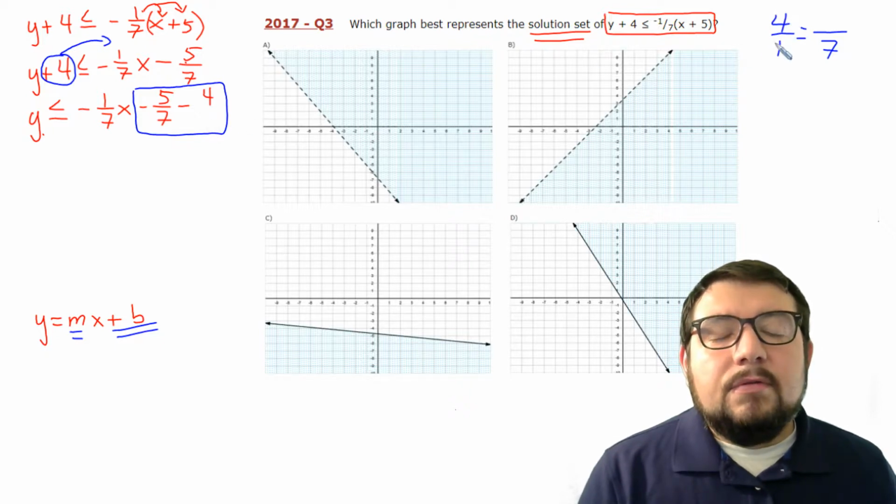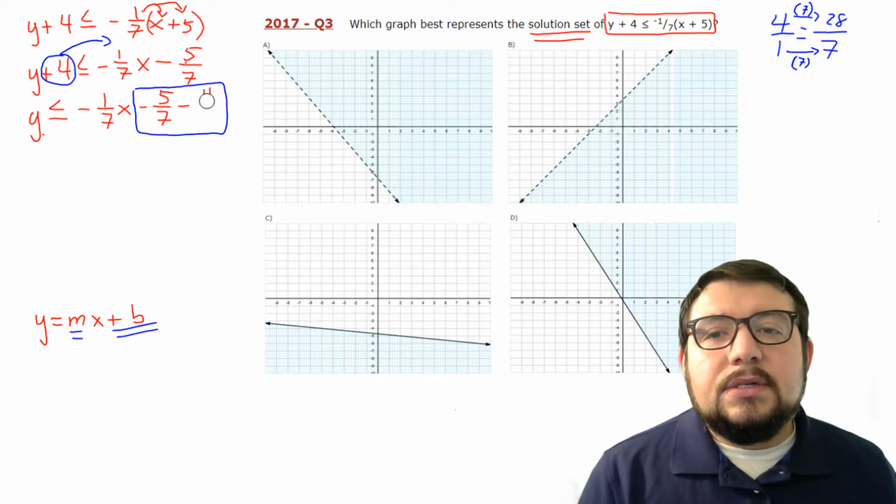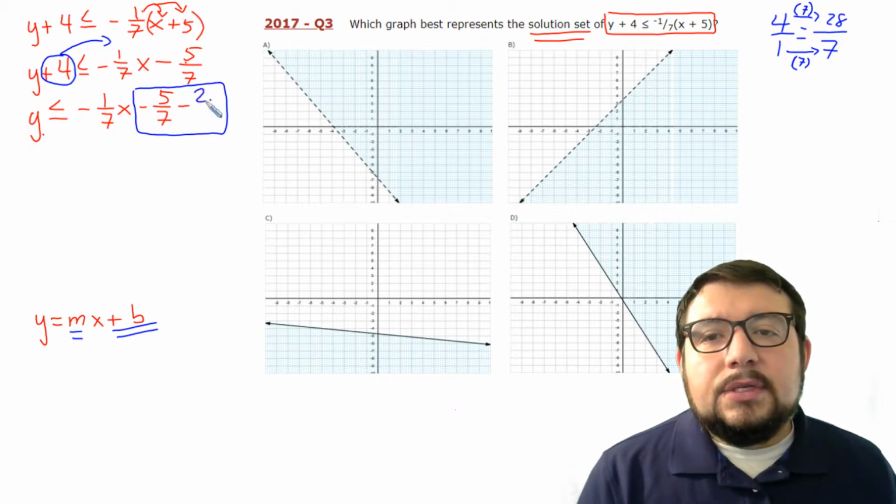So I times by 7 on the bottom to make that 7. Now up here, I also need to times by 7 to get the correct answer on the top. You might remember that from middle school or 6th grade or something like that, or maybe even elementary school. 4 times 7 makes 28. Okay, so 4/1 is the same thing as 28/7. That's not too hard to understand. 28 divided by 7 is actually 4. So here, and I'll even write it in blue so that you can see what I changed, 28/7.